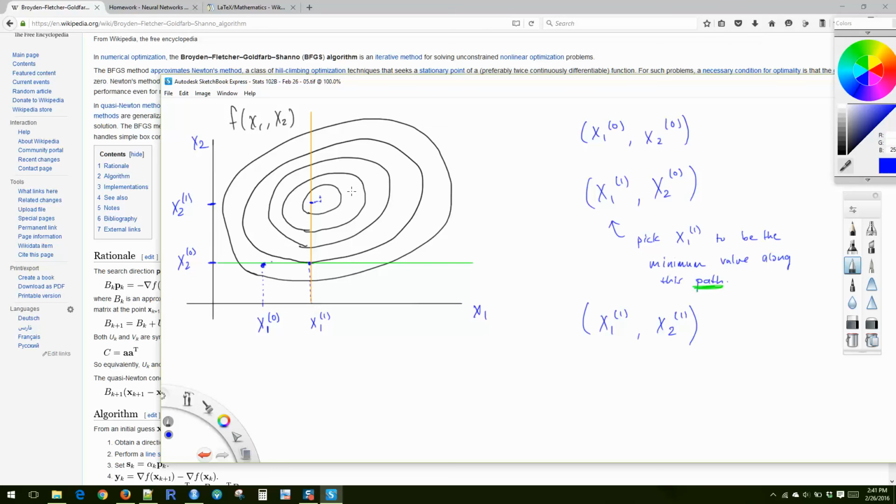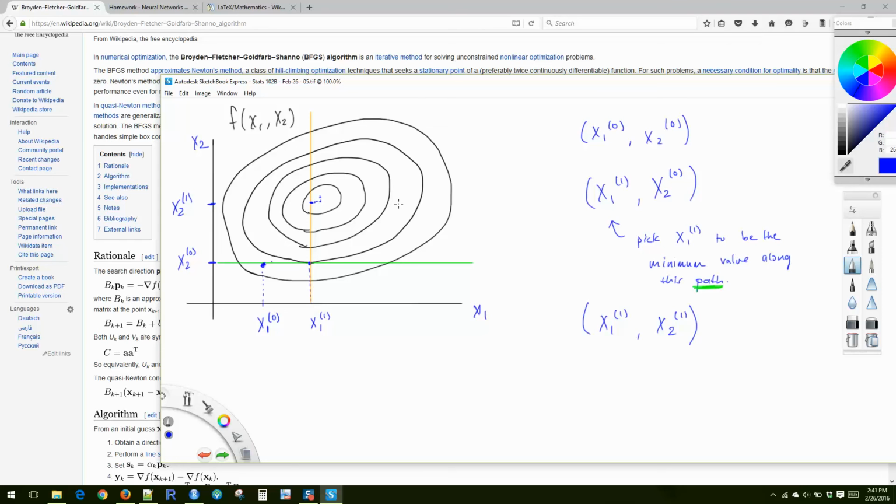Well, it depends. If you get something that looks like this, then you're going to be zigzagging a lot. So it depends on how the contours are set up.